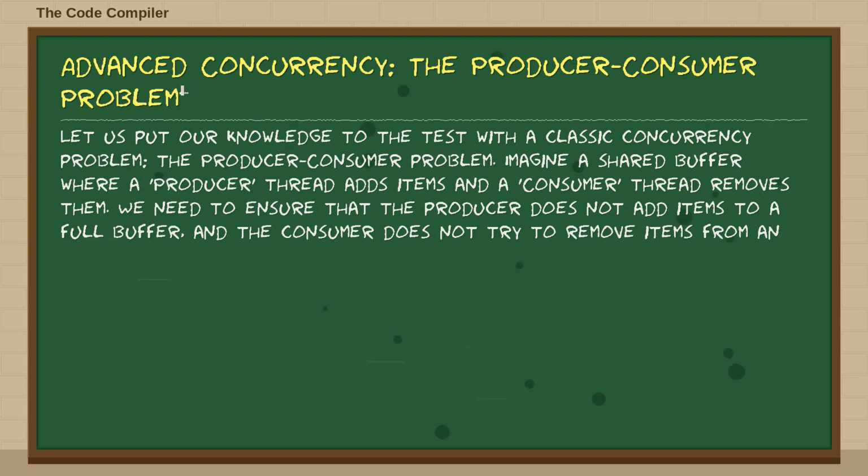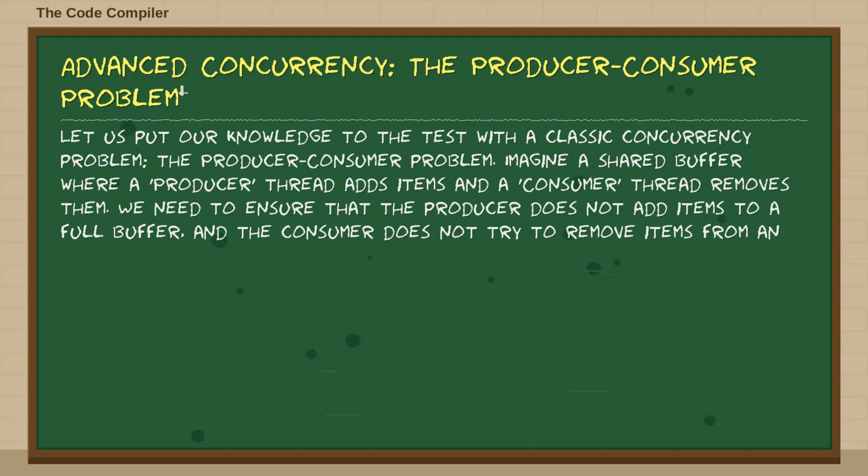For this, we use inter-thread communication methods: wait, notify, and notifyAll. When the buffer is full, the producer calls wait to pause itself, releasing the lock. When the consumer takes an item, it calls notify or notifyAll to wake up waiting producers.